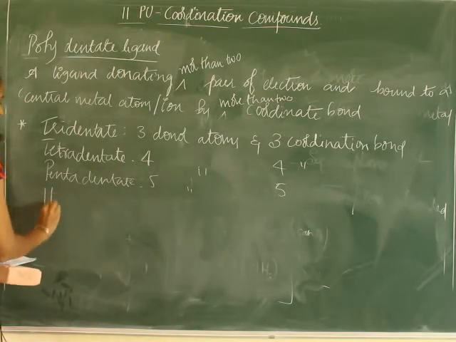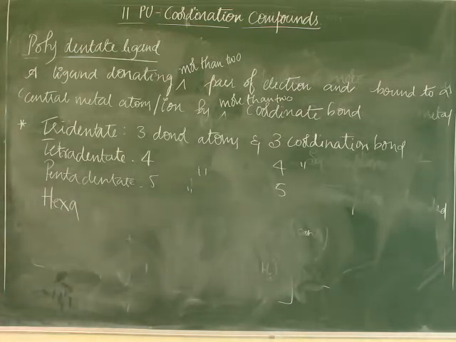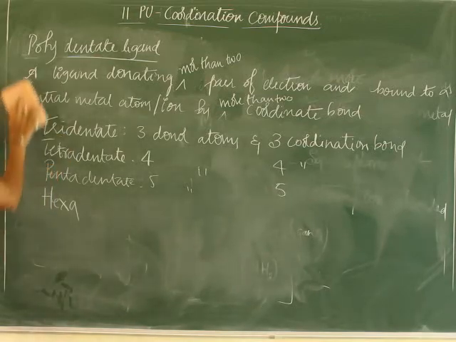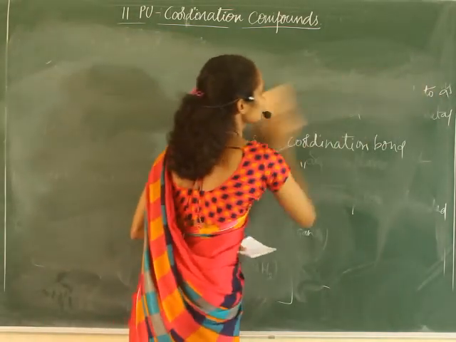Or hexadentate: hexa means 6, so 6 coordination bonds and 6 donor atoms will be there. Let us discuss examples for bidentate and polydentate ligands.